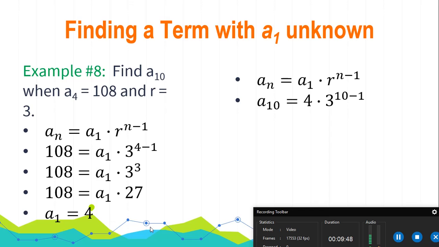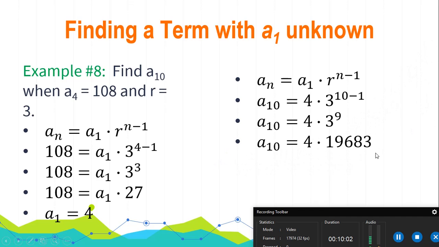You'll notice now I'm finding a sub 10. A sub 1 is 4. I still have a growth rate of 3. And now I'm changing the value of n to 10. So I'm going to simplify. 3 to the 9th is rather large, and then multiplying by 4. So the 10th term is 78,732.